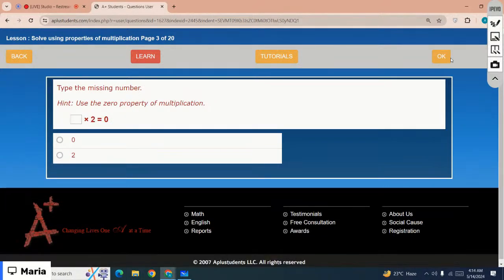Okay, the next one is use the zero property. So which number is missing? What number times 2 equals 0? 0 times 2 is 0. So the missing number is 0.